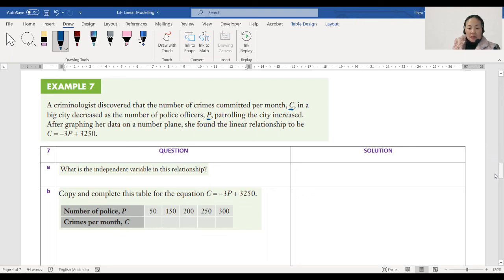Well, that makes sense. More police officers, less crime. Fewer police officers, more crime. After graphing her data on a number plane, she found the linear relationship to be C equals minus 3p plus 3,250. Well, that's interesting.